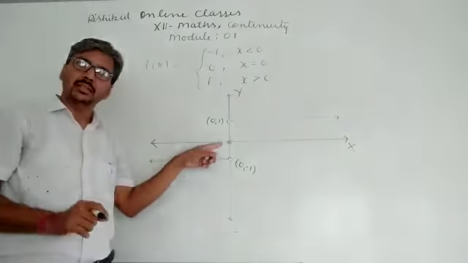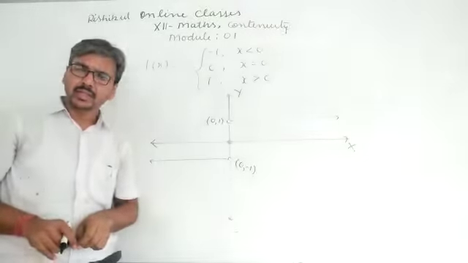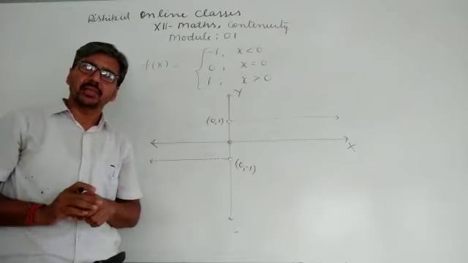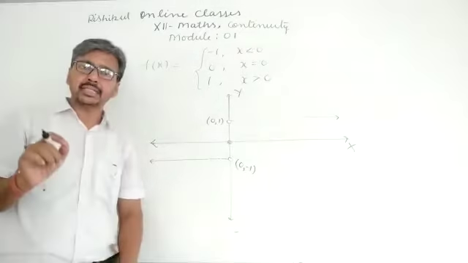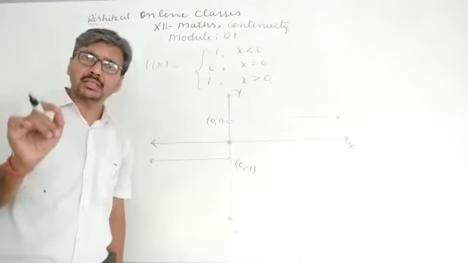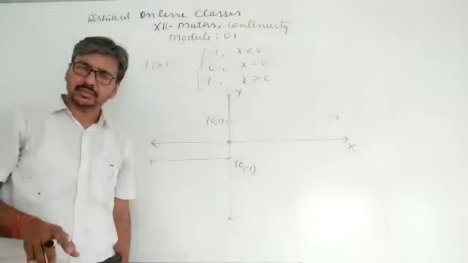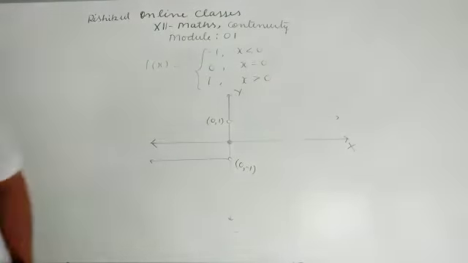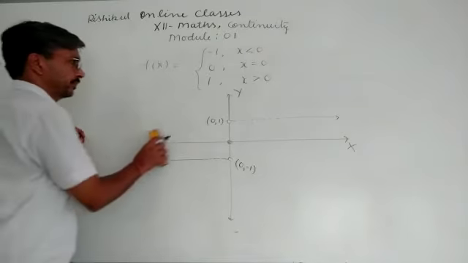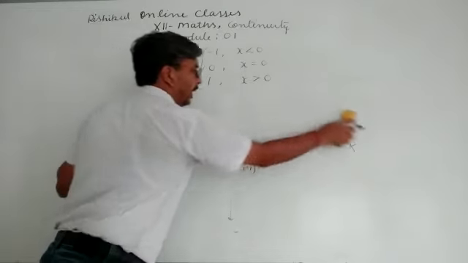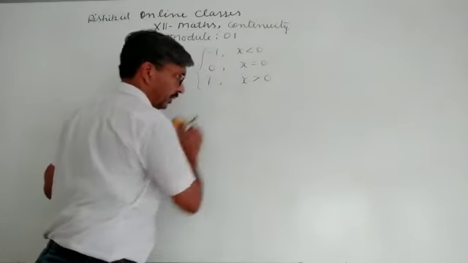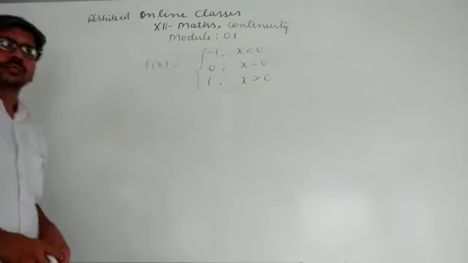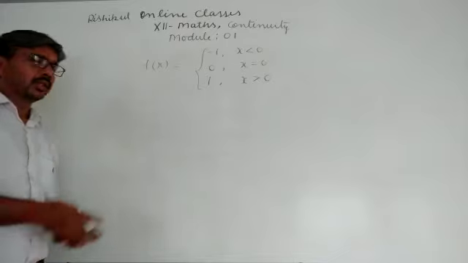And hence at this point the function is not continuous, and we will say that at x equal to 0 the function is not continuous. Now see how we will check it, and what are the steps for checking the continuity of a function at a given point.